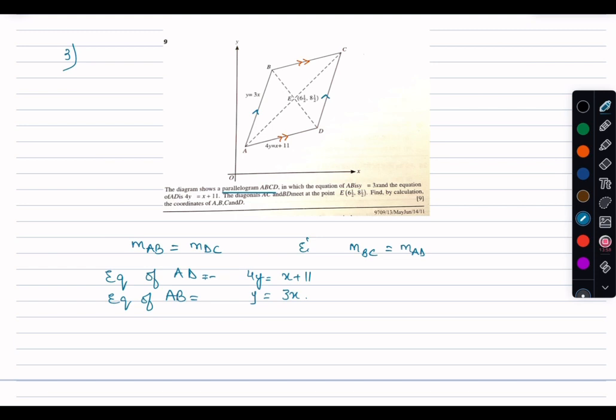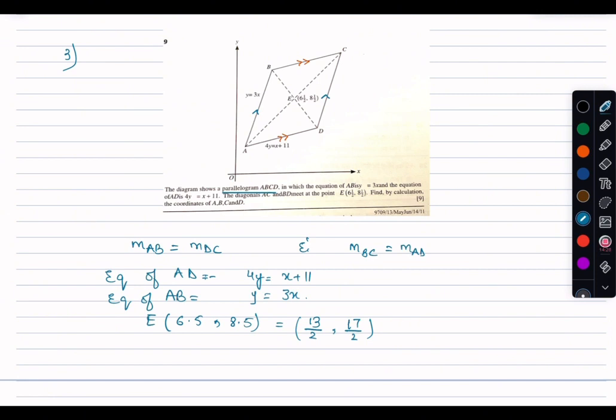And the diagonals AC and BD meet at the point E, with coordinates 6.5 and 8.5, or we can also say 13/2 and 17/2 in fractions. So find by calculation the coordinates of A, B, C, and D.